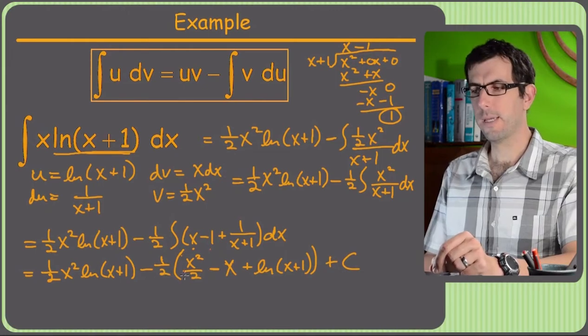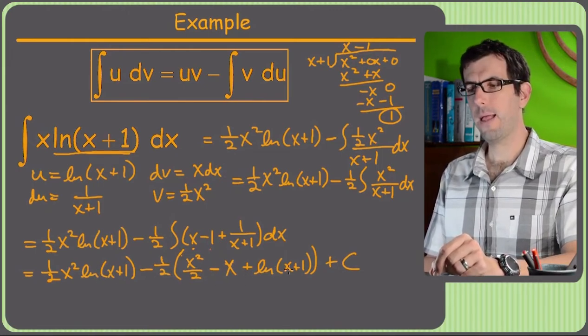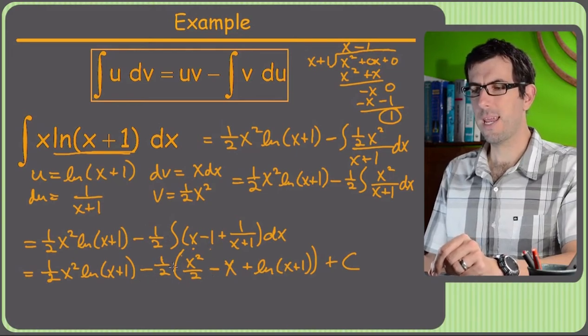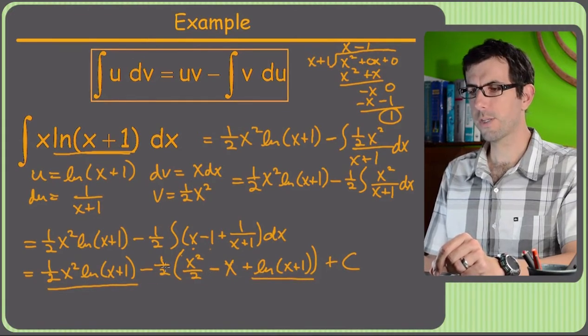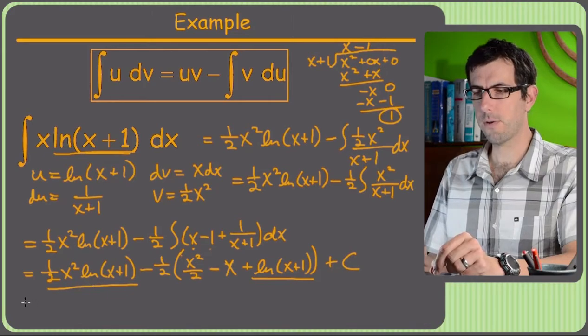but I think there's some room for improvement because I've got two terms containing ln of x plus 1, and everything has a 1/2. So if I take the two terms that have natural logs in them, actually I should probably distribute out this negative 1/2 first, so 1/2 x squared ln x plus 1.